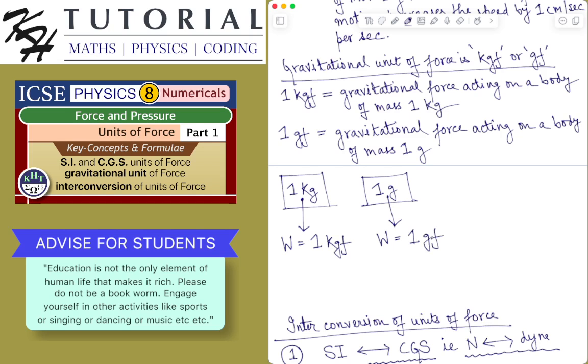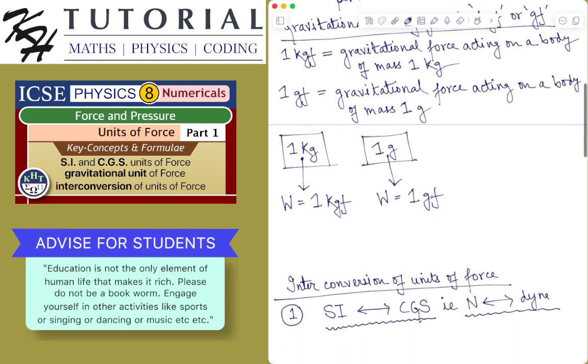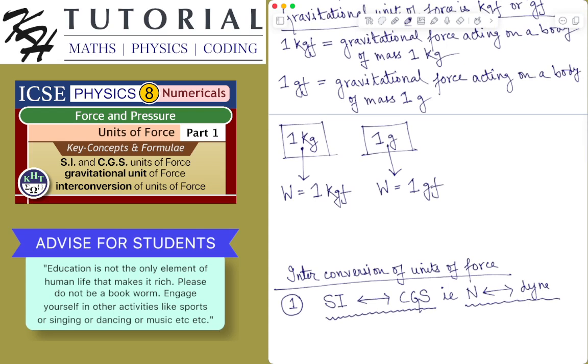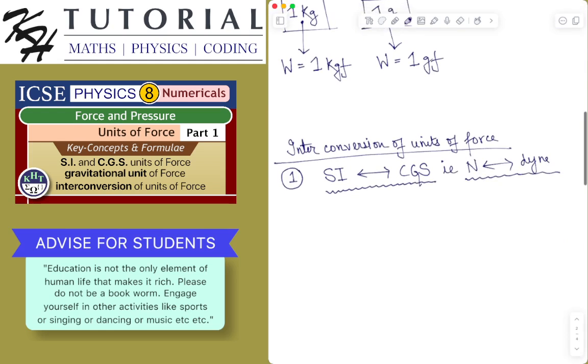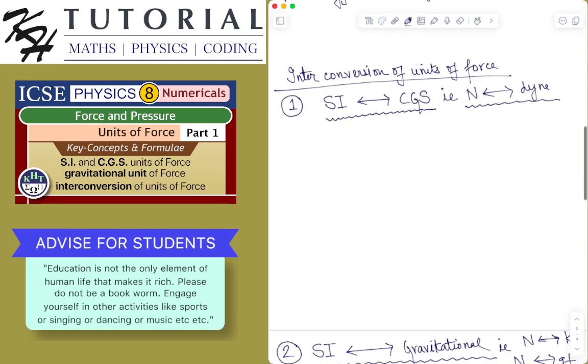Now let's see how we convert a value of force given in SI to CGS, and from CGS to SI. Converting a unit of force from SI to CGS means we have to convert from Newton to dyne.